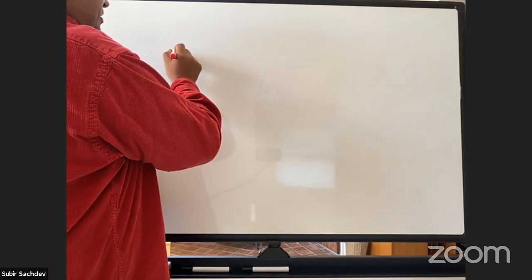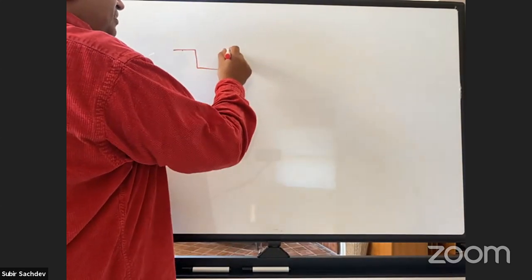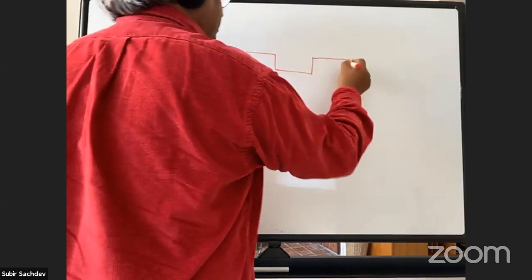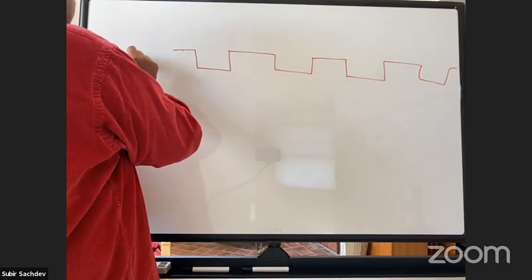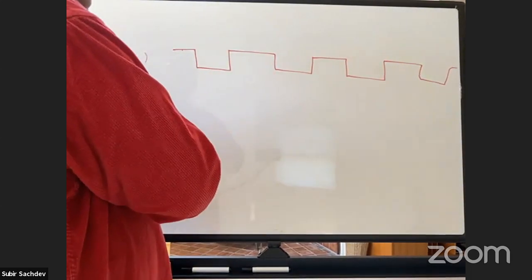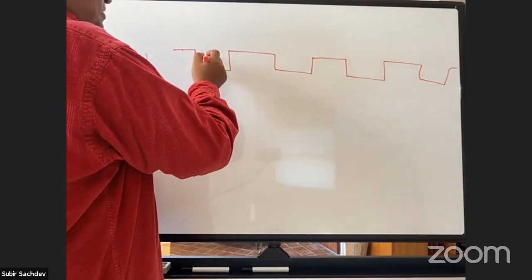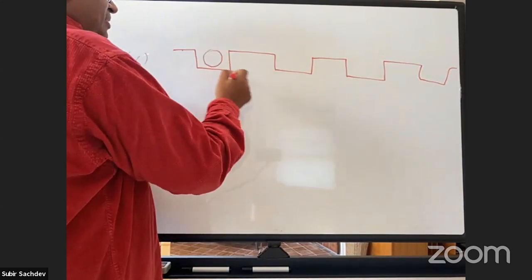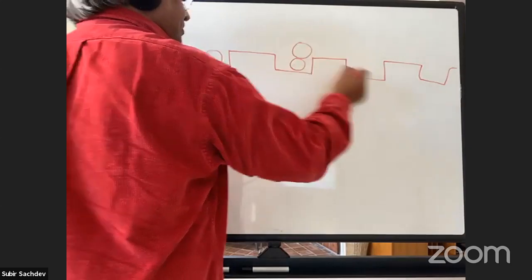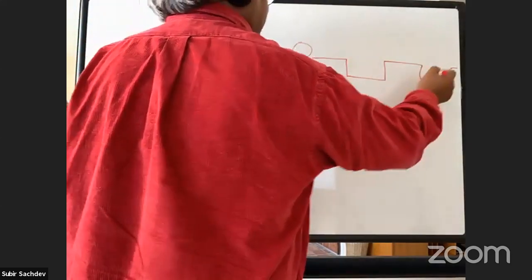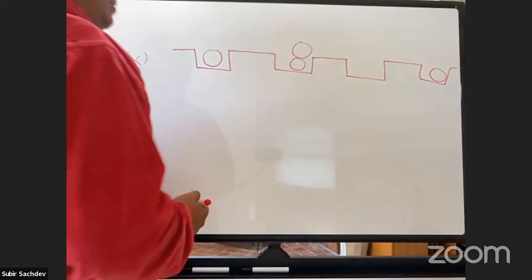So now we imagine the following model. Imagine you have a fixed lattice. These are some potential wells. This is V of x. I'm only drawing one side of it. And there are some bosons sitting in it. Some sites can have two bosons, other sites are empty, maybe one boson over there.